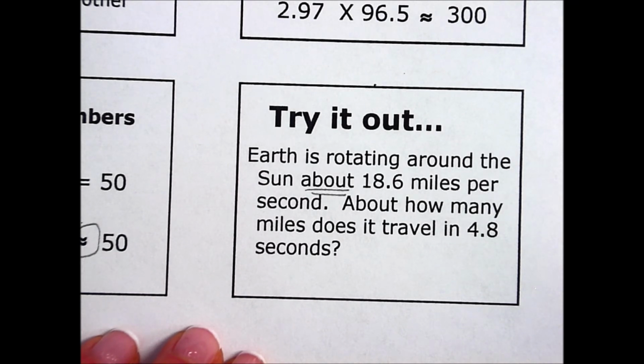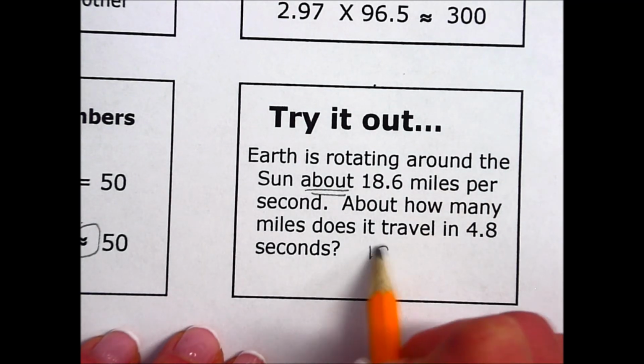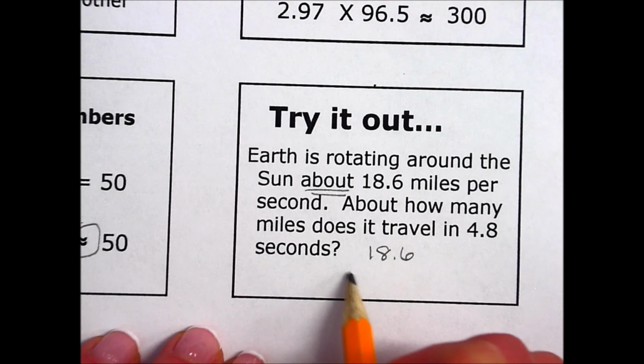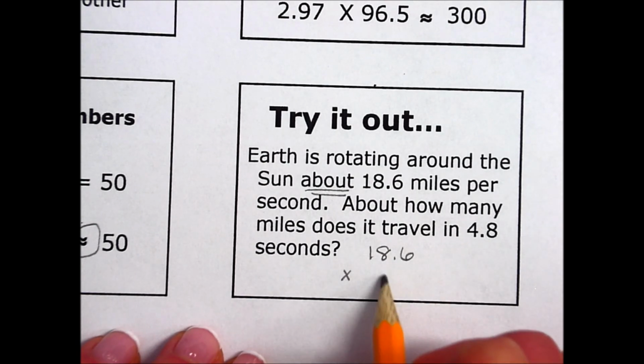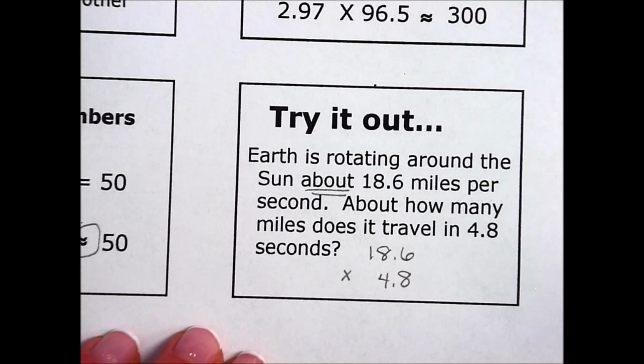Logan? Multiplication. Good, multiplication. So we want to take 18 and 6 tenths and we're going to multiply that times 4.8. Okay, but we're going to use compatible numbers, not just regular rounding. So something really easy to multiply.